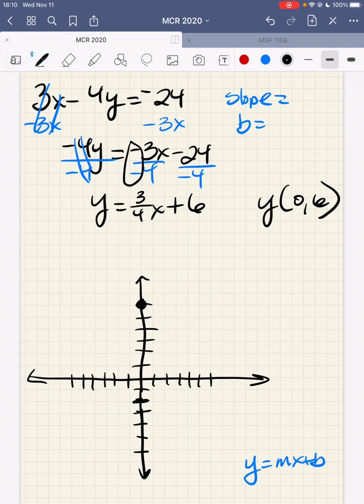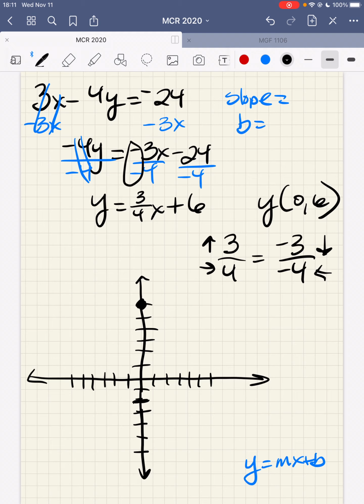And I'm running out of graph at the top, so I'm going to use my trick that positive 3 over 4 is the same thing as negative 3 over negative 4. We talked about this in the previous video. So instead of rising and going to the right, I'm going to go down and go to the left.